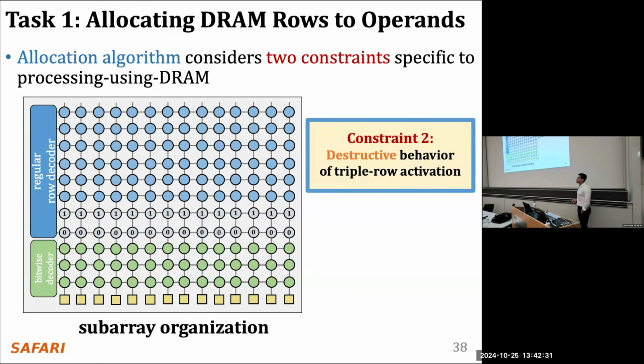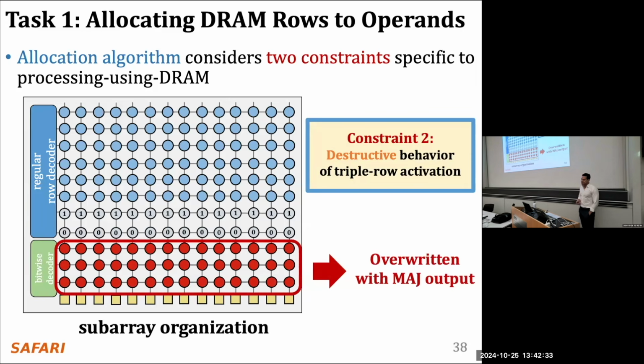The second constraint is more fundamental, and is the fact that when you do a triple row activation, this triple row activation is destructive. So if I activate the 3 DRAM cells, the data initially stored in those 3 DRAM cells is going to be simultaneously overwritten by the output of the majority. And this happens because when you do the triple row activation, the DRAM cell is connected to the local bit line, right? Because that is what the activation does.